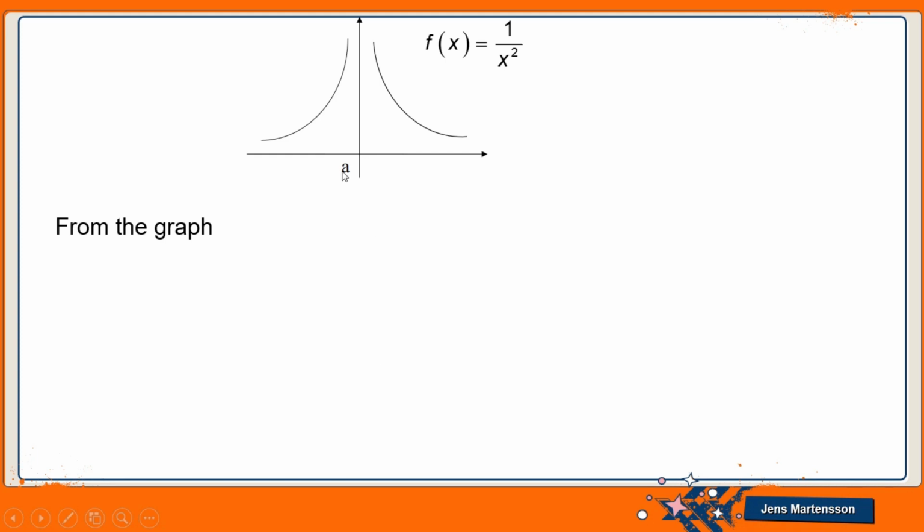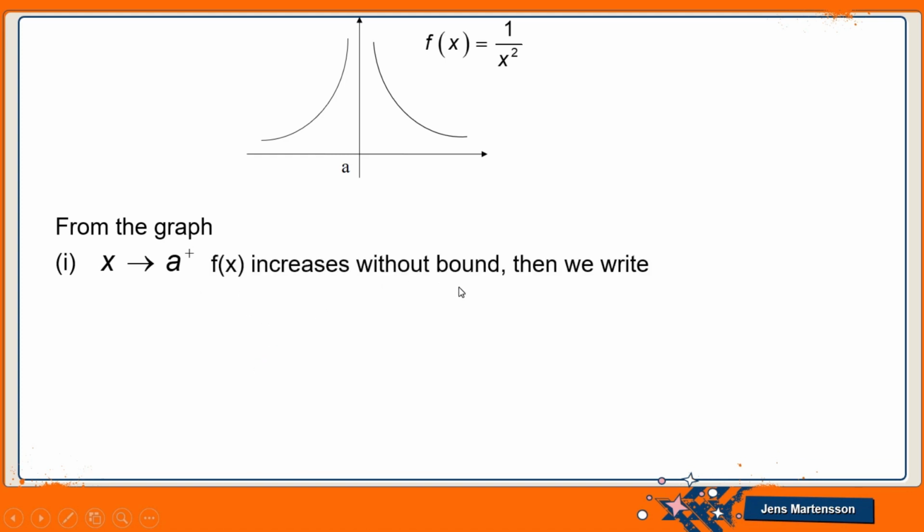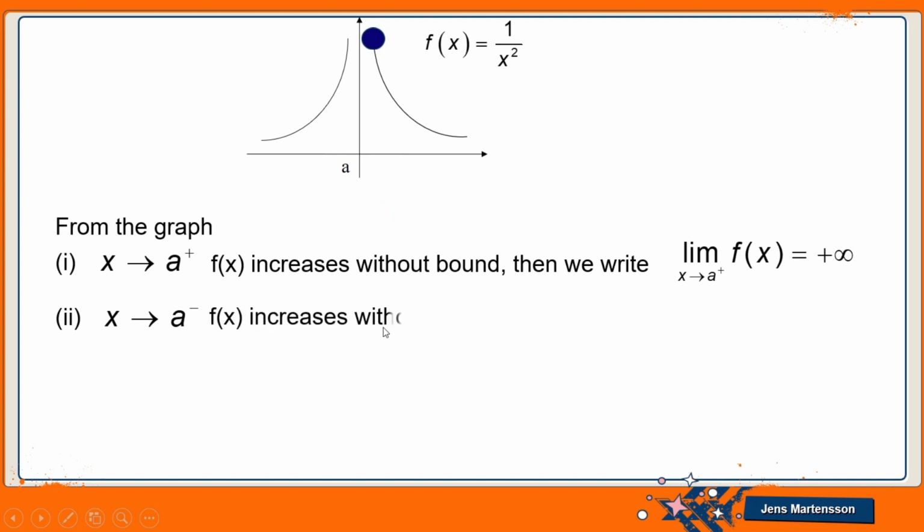Okay, from the graph we can see that when x approaches a from the right, f(x) increases without bound. Then we write limit f(x) when x approaches a from the right equal to positive infinity. Number 2, when x approaches a from the left, f(x) increases without bound.